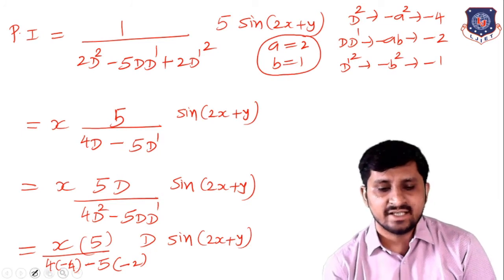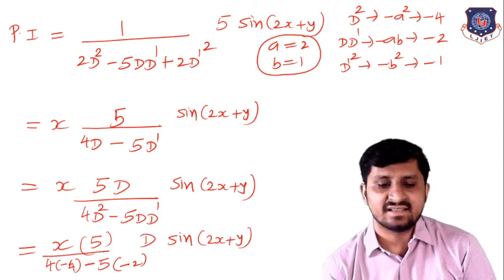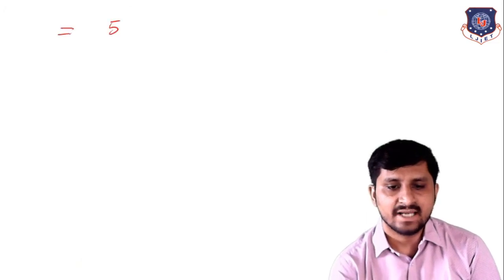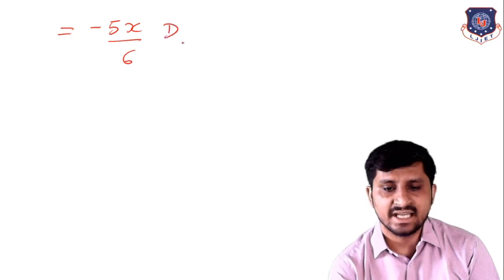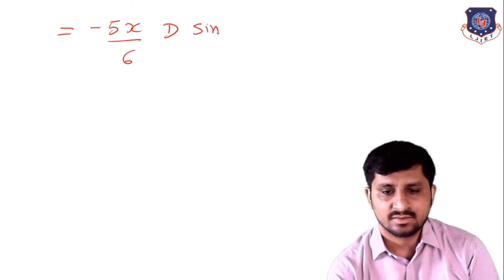Now in the denominator, this is minus 16 plus 10, so minus 6, and on the numerator we already have 5, so minus 5x by 6 D, where capital D means differentiation with respect to x, sin(2x plus y).